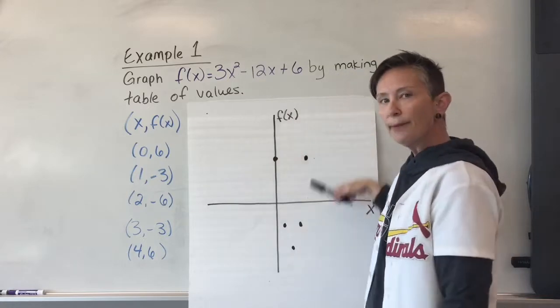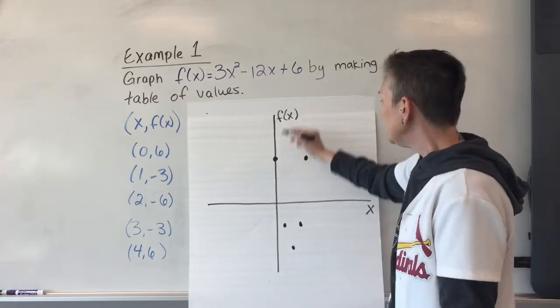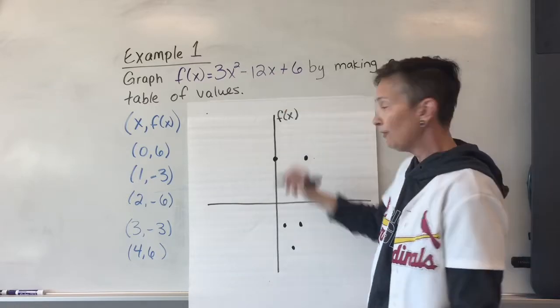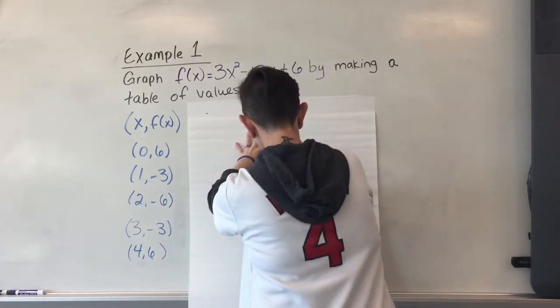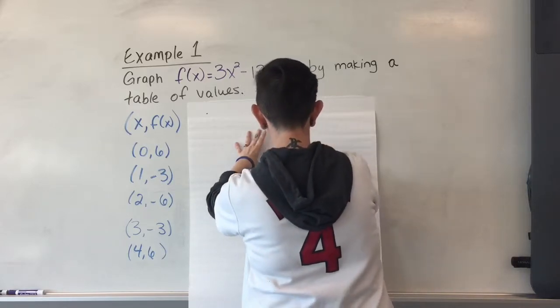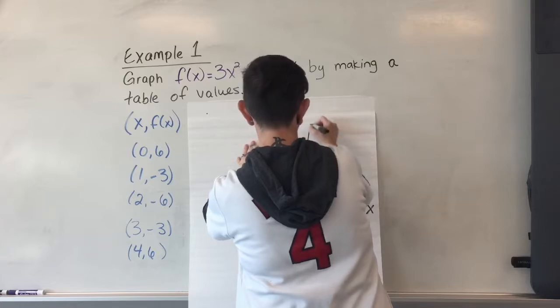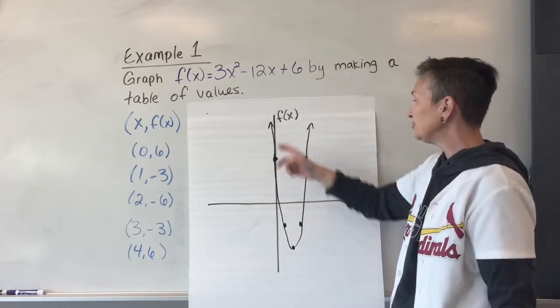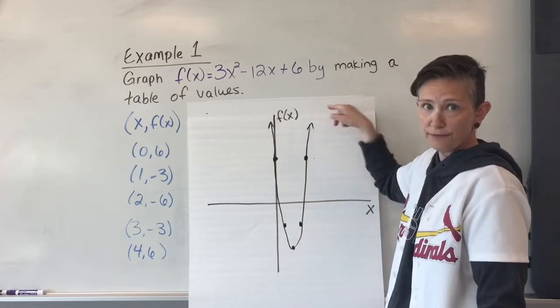Once I got all my points graphed, I can connect the dots and make my graph of this quadratic function. So there's my graph. A parabola is a smooth, continuous curve.